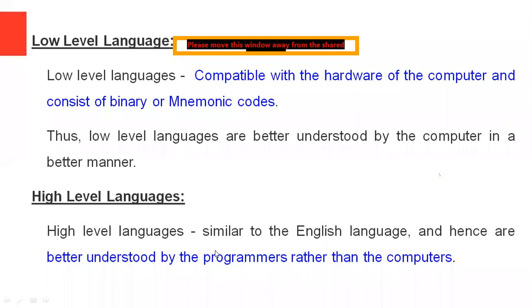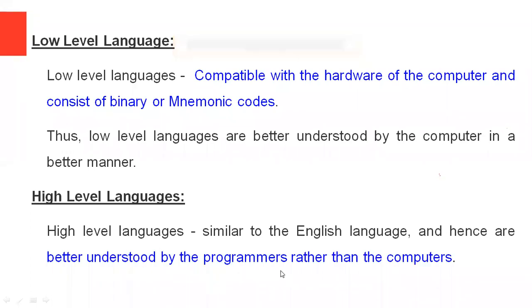So high level languages are similar to the English language, and hence are better understood by the programmers rather than the computers. So that is the low level language and high level languages, right?